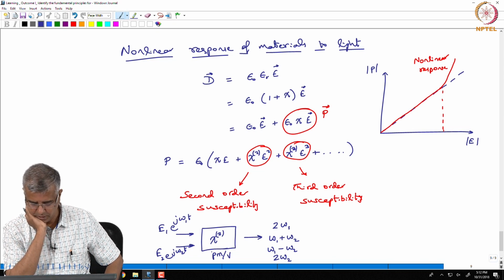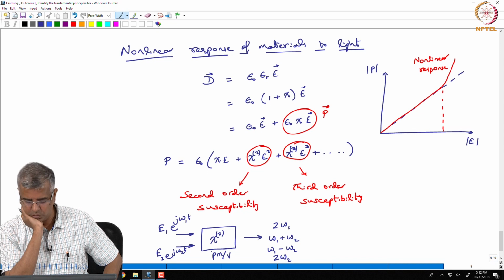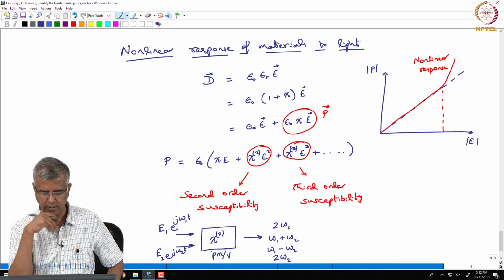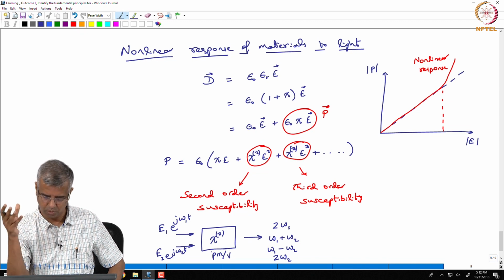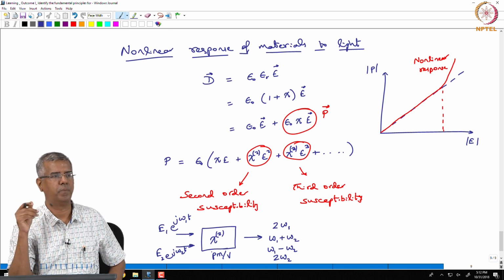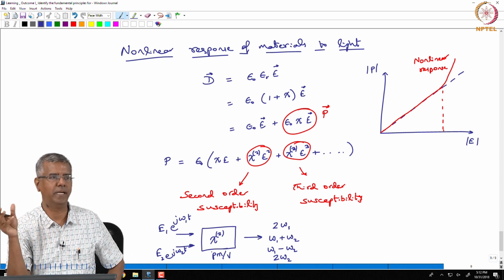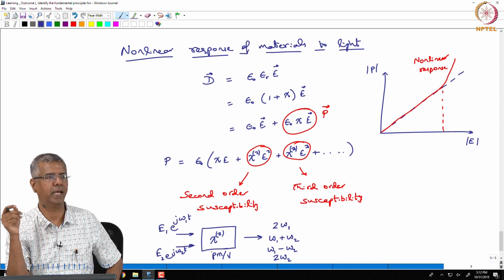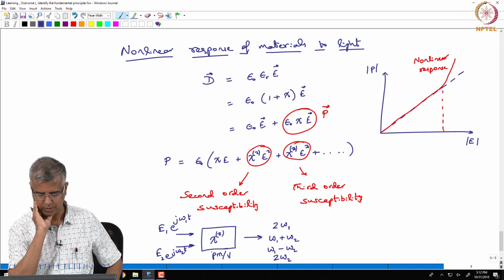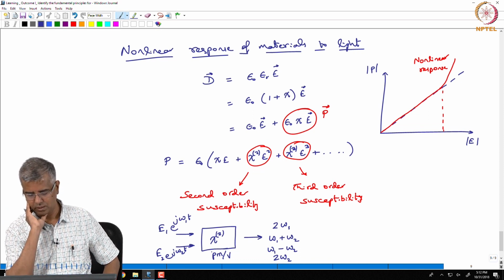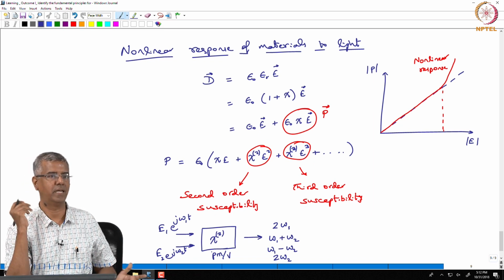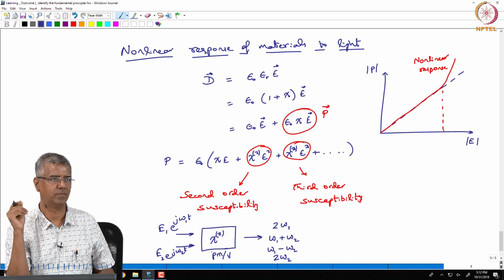So, it's a fairly small number. So, you would say that to really see the effect of something like this, you need to go to several orders of magnitude volt per meter, right. So, you need to have very high electric fields to see this sort of effect, but nevertheless there is a possibility now that you can mix frequencies, you can generate new frequencies, okay.